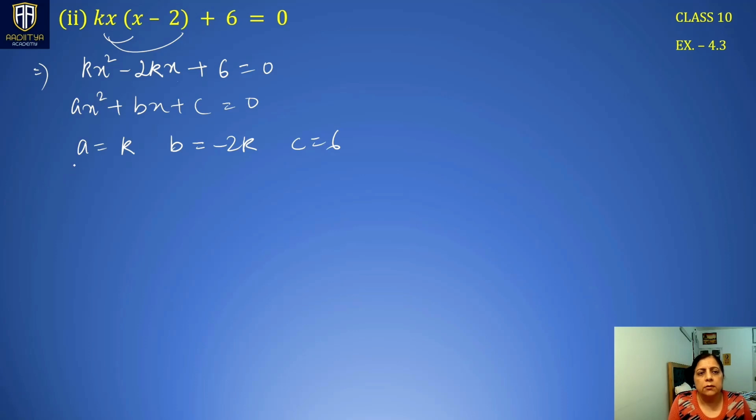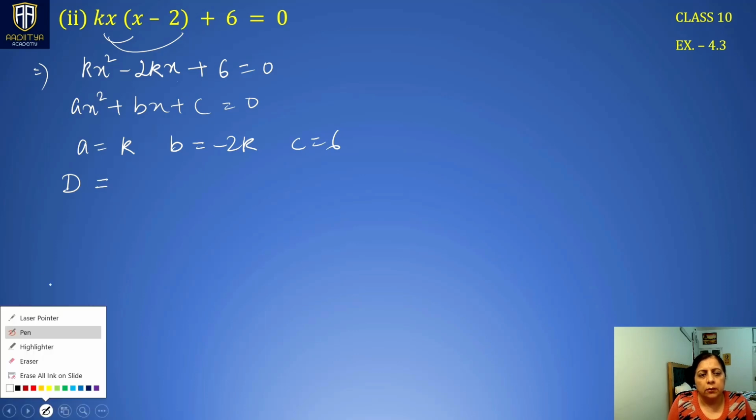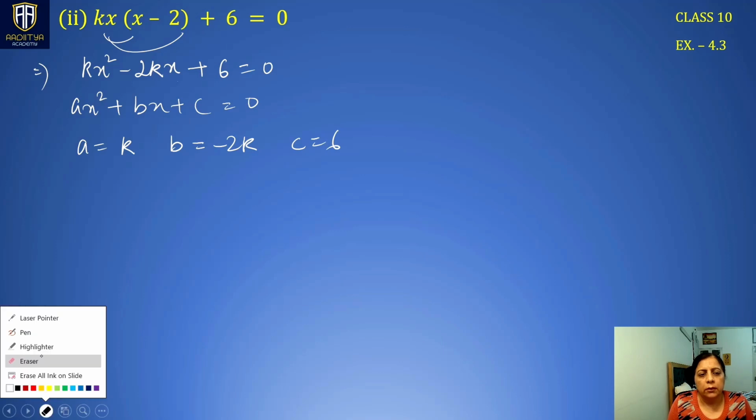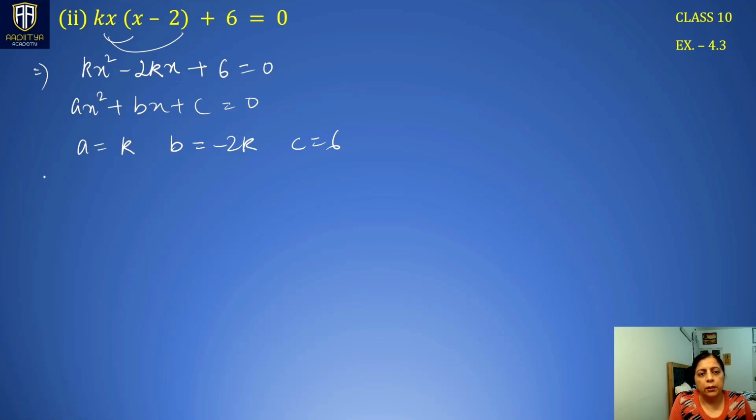The question says this equation has real and equal roots. That means you can write here this equation. Whenever the conditions are given, you have to mention them properly. Since the equation has real and equal roots, this is given in the question.